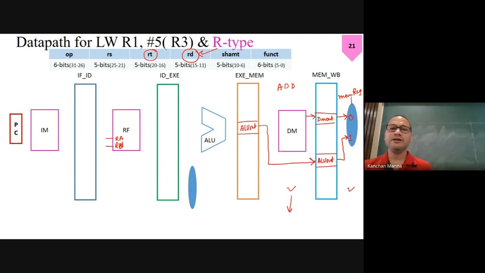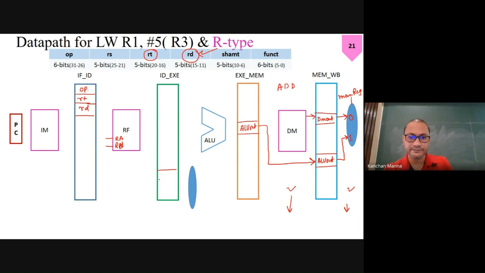Now how about the address? If we write from this place, we need only one address, and that can be either RT or RD. Then we have to choose. When we fetch the instruction, we will have the opcode, RT, RD, and also RS.